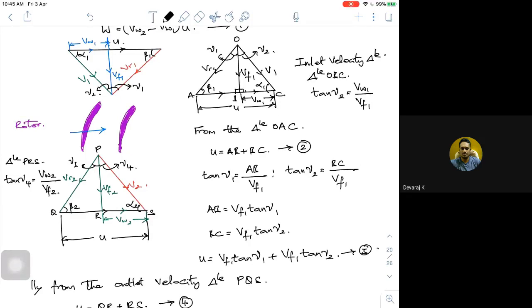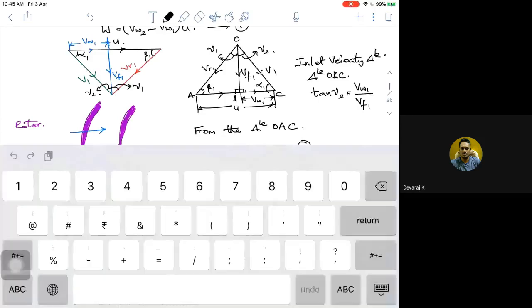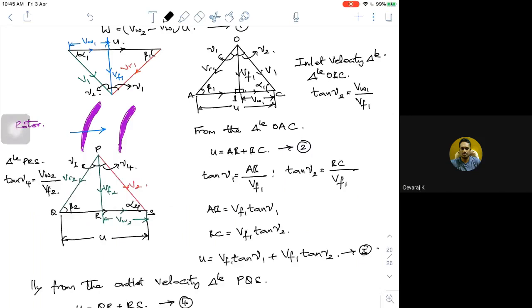So now I'm trying to build a relationship, so I can write VW1 is equal to VF1 into tan gamma 2, or VW2 is equal to VF2 into tan gamma 4.